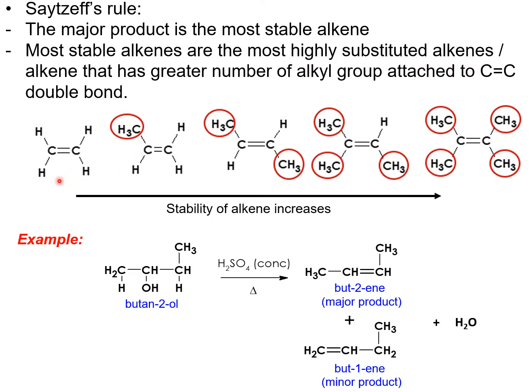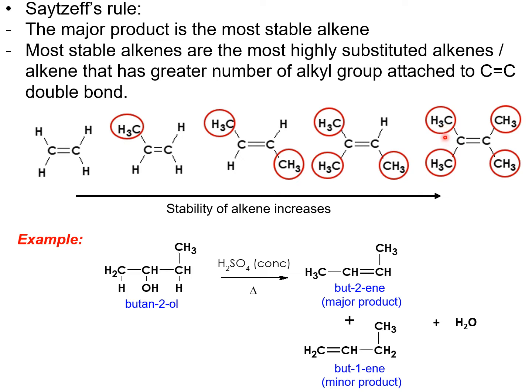For example, as you can see here, the stability of alkene increase bila kita letak lagi banyak alkyl group yang mengelilingi this carbon-carbon double bond. So, it will make this carbon-carbon double bond the highly substituted alkenes. Okay? Alkyl group ni, dia tak kisahlah CH3 ke, CH2, CH3. In this example, kita gunakan CH3 sebagai contoh alkyl group.